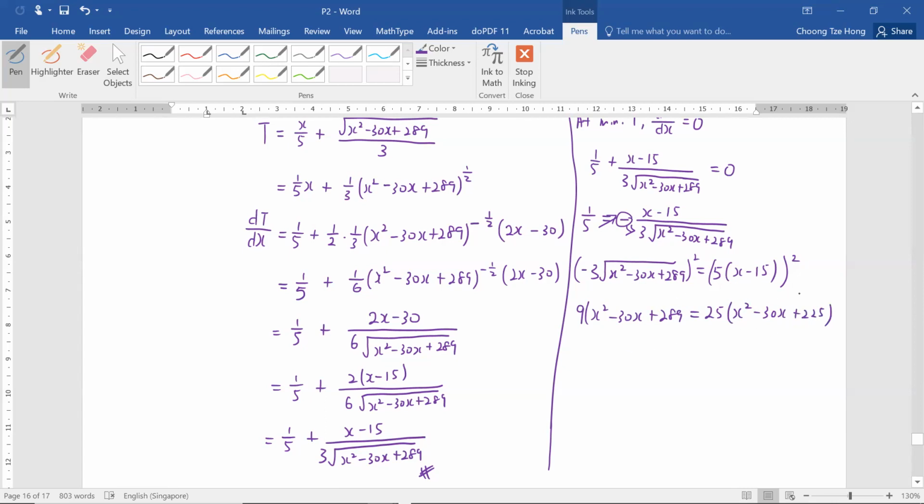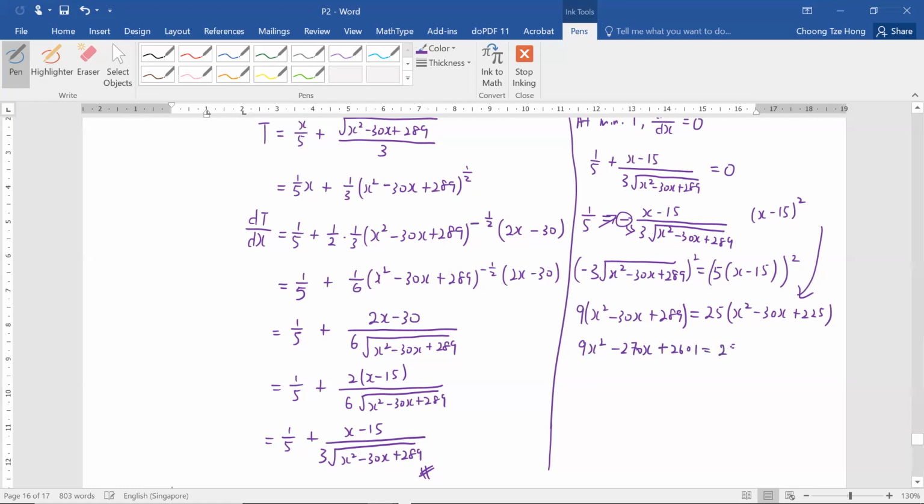Over here, what we are doing is x minus 15 squared, so we're going to expand out everything. There's a bracket here. So you get 9x squared minus 270x. 289 times 9, you get 2601.